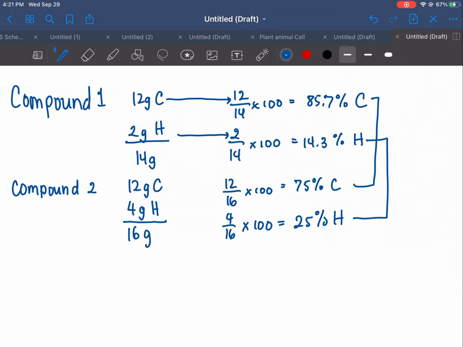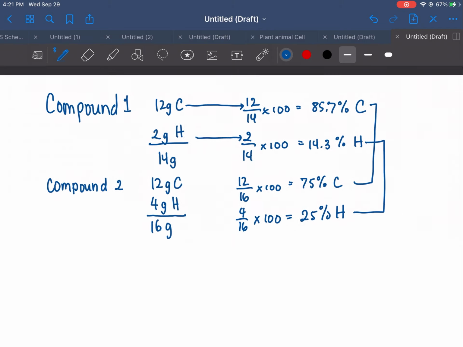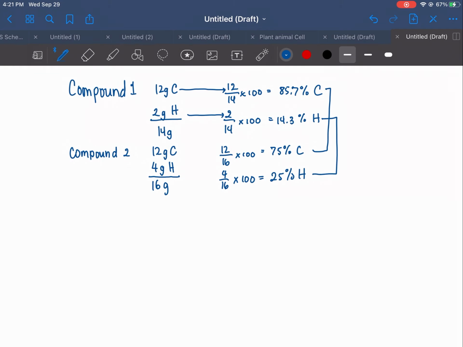I have patience. All right, let's use the same data to prove whether these two substances, though they are different, still follow the law of multiple proportions. To do that, we are going to find the ratio between carbon and hydrogen.